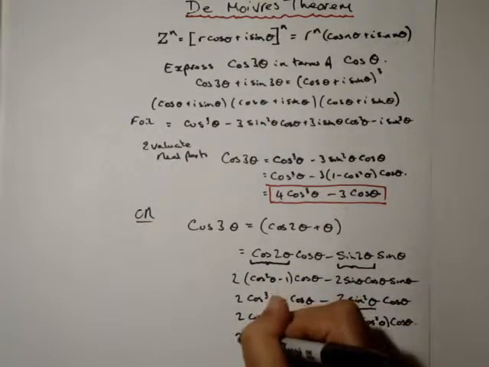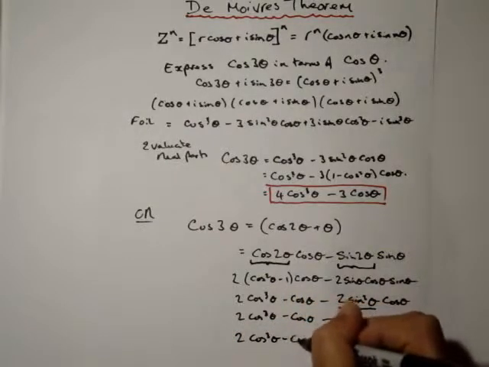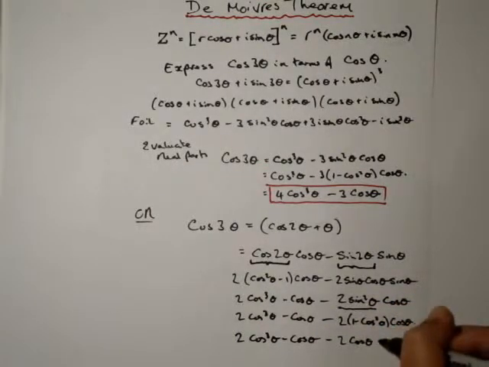So finally we get 2 cos cubed theta minus cos theta minus 2 cos theta plus 2 cos cubed theta.